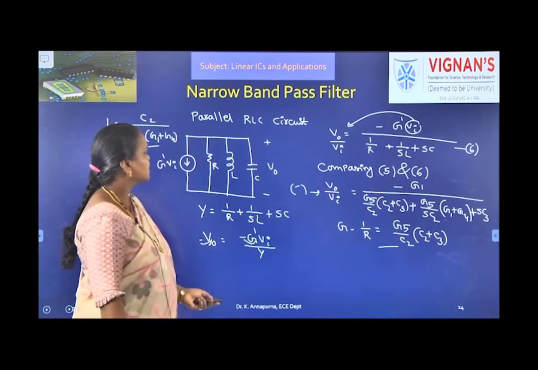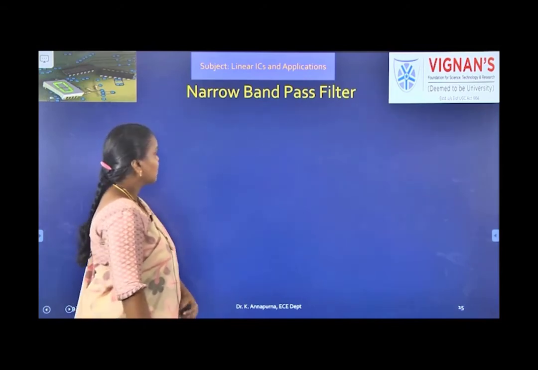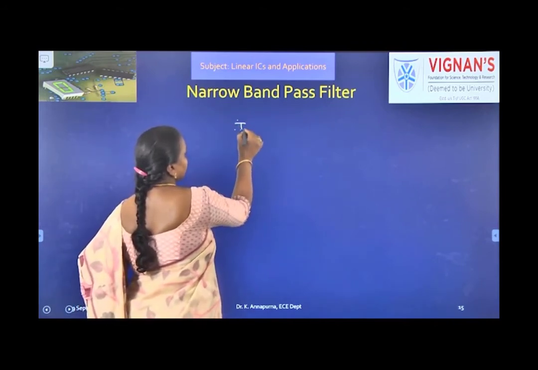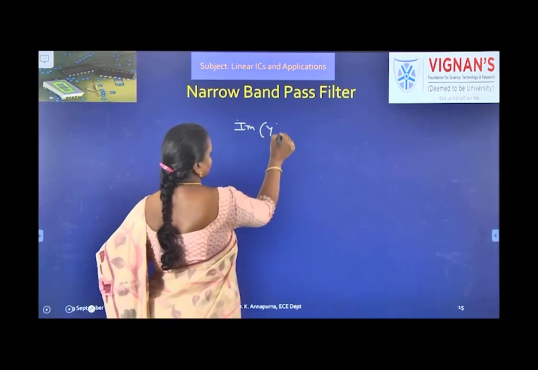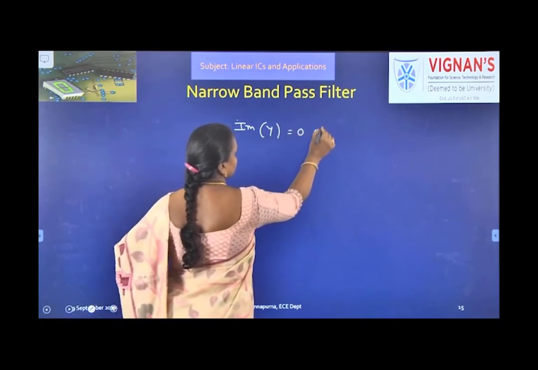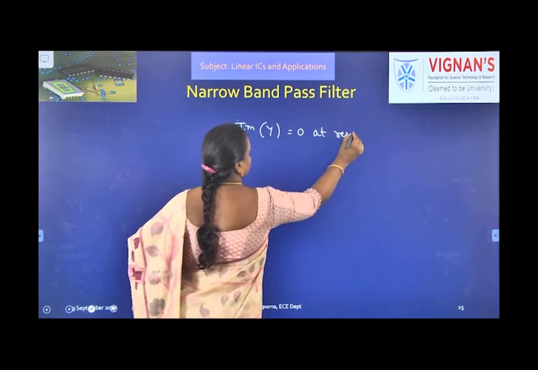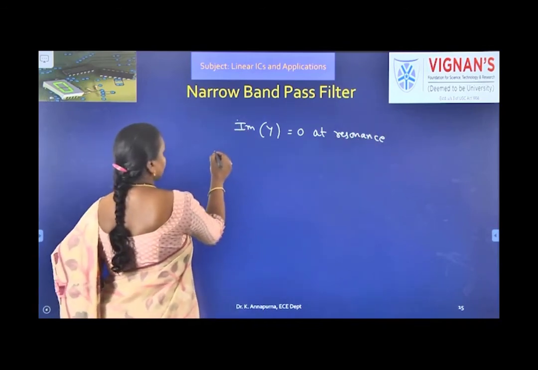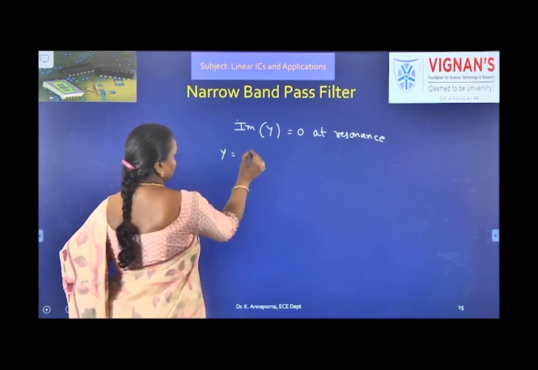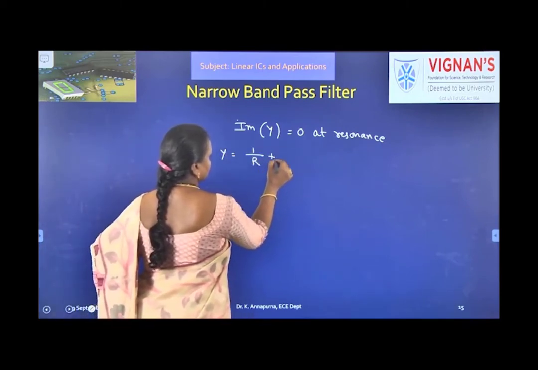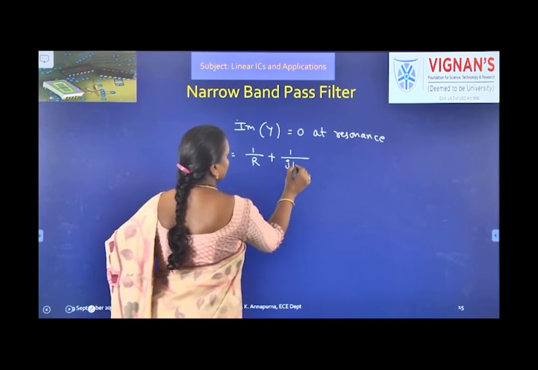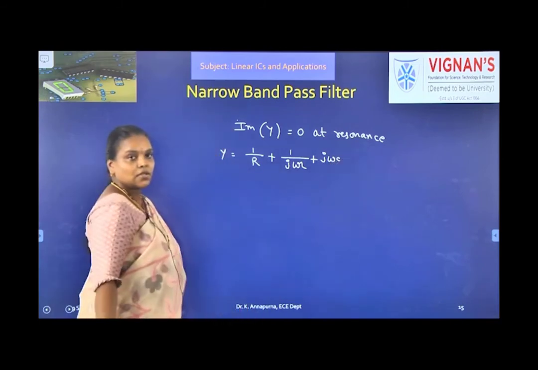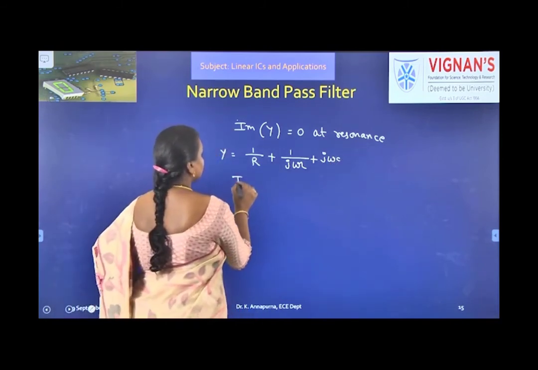You know it, right? What is the resonant frequency? So the imaginary part of Y should be 0 at resonance. So what is Y? 1 by R plus 1 by j omega L plus j omega C. So now what is imaginary part of Y?